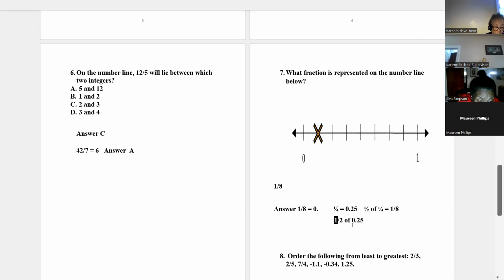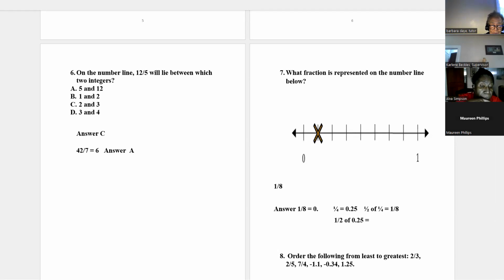Half of 0.25, Alva, what is that equal to? No, what's half of 25? Half of 0.25 or just half of 25? What's half of 25?